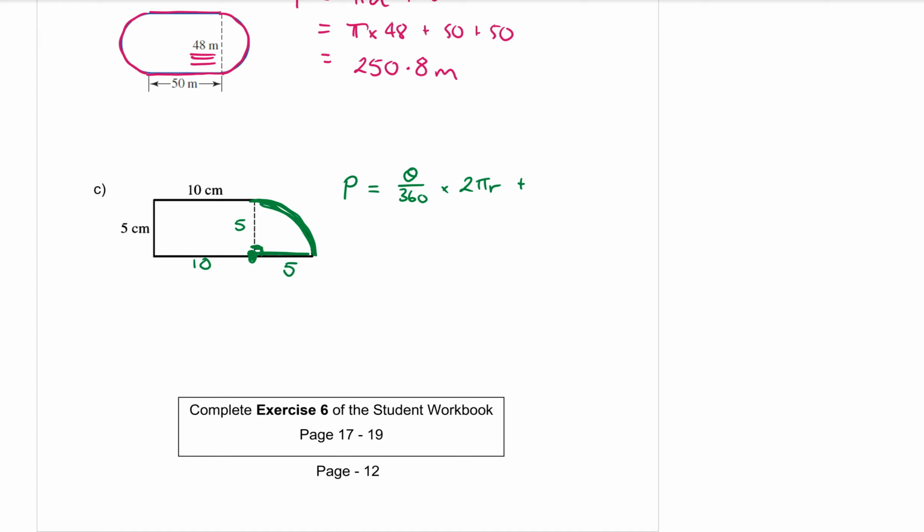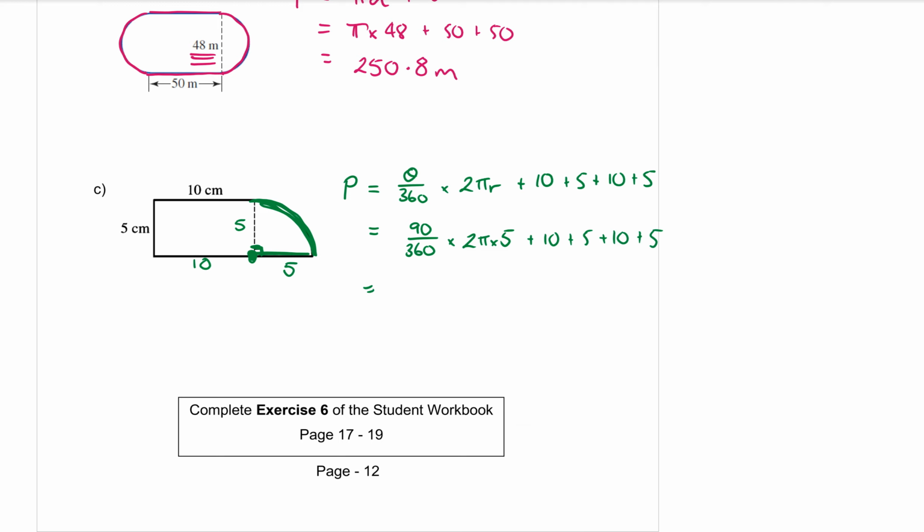I'm going to start at the top and go clockwise. 10, I've already done the curved part, plus 5, plus 10, plus 5. Okay, substituting into that, I need to put the 90 degrees in there for theta, times 2 pi times the radius, which is 5. Then I add on all my straight parts.